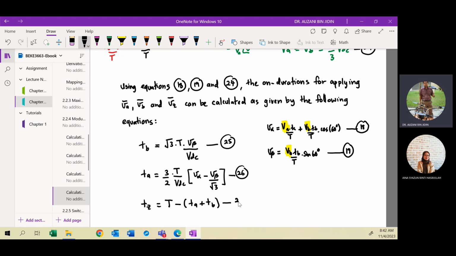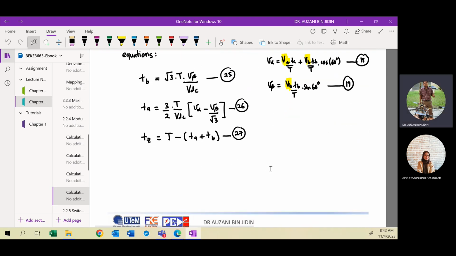So this is equation number 27. Clear? So now you can derive these equations for calculating the on duration TA, TB and TZ. You remember this T, actually you can get from here, where your sampling period is the summation of TA, TB and TZ. You rearrange the equation, then you get equation 27.